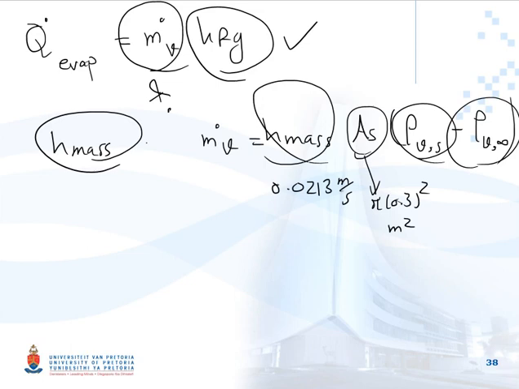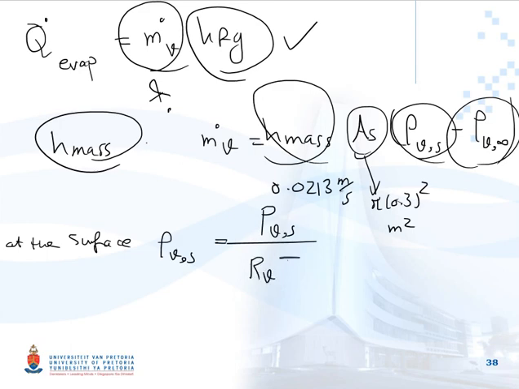Okay, so treating the water vapor and air as ideal gases, the vapor densities at the water-air interface and far from the surface can be calculated like this. At the surface, it is the pressure at the surface divided by R T_s.